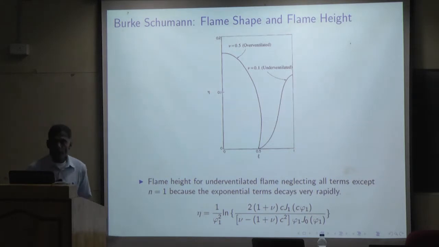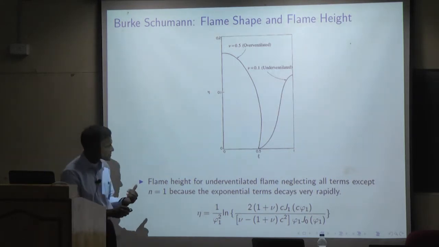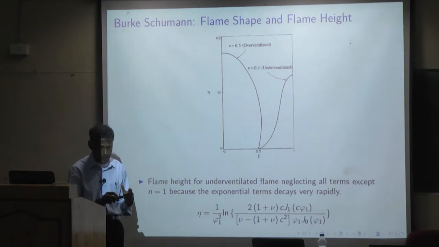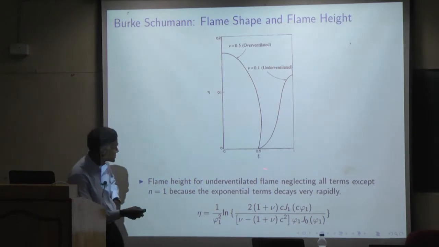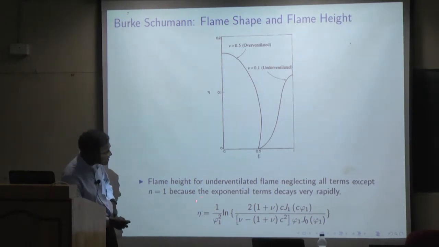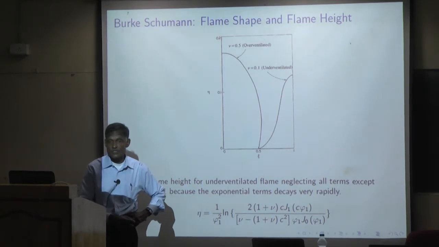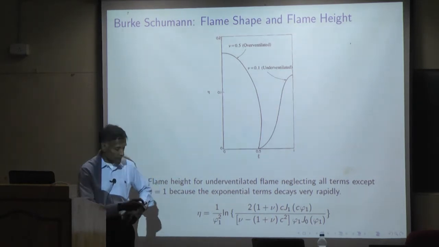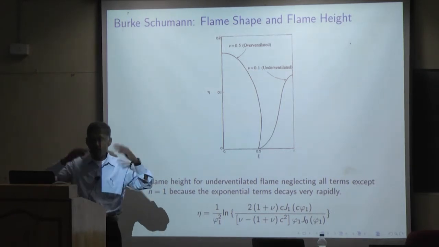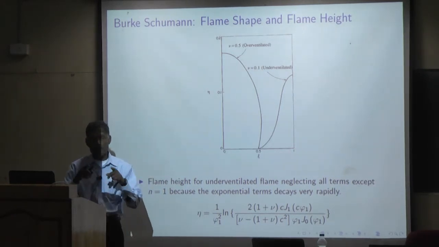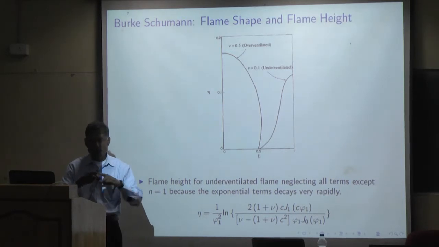So that's the answer. What we have learned here is that using this very simple method, you're able to get the flame shape as well as the flame height. And it turns out that these expressions are remarkably accurate, even though we have made two drastic assumptions, that the velocity is constant everywhere and that the mass flux is constant.